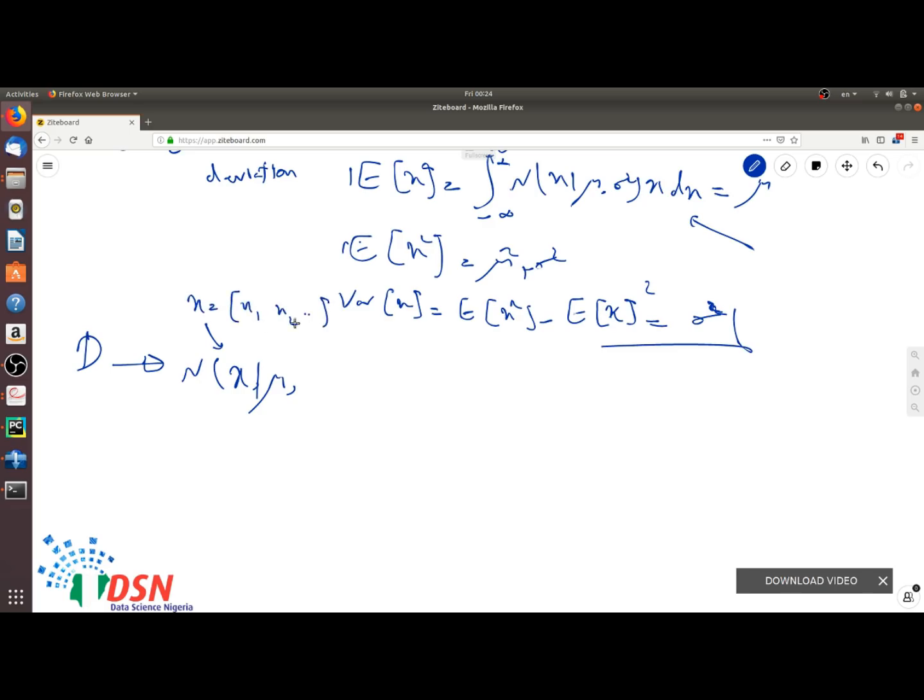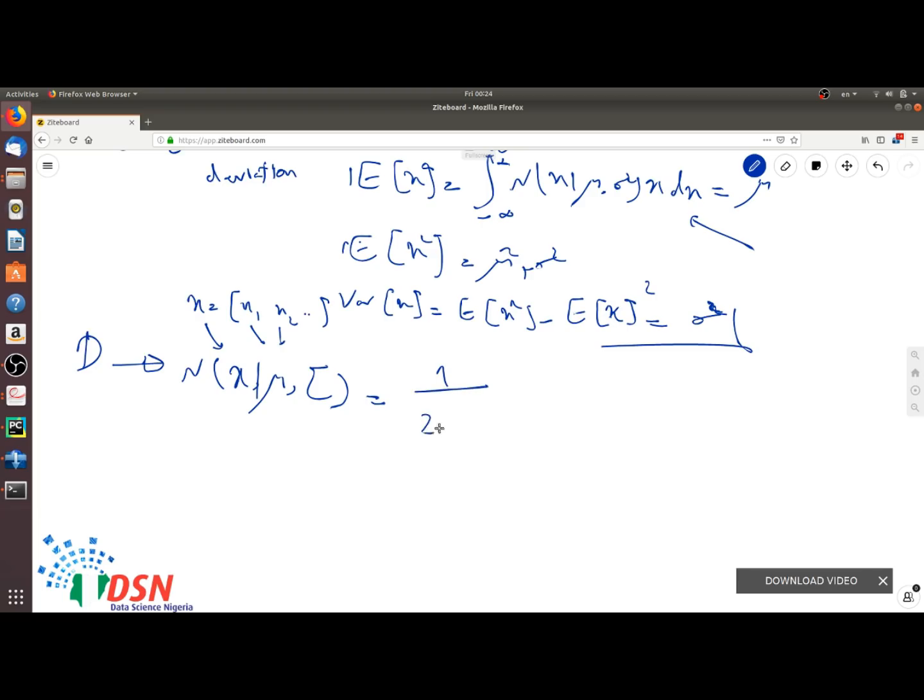It has different random variables, so each of them has a certain mu parameter. So this is a vector, and this is the covariance matrix. So this is the matrix.